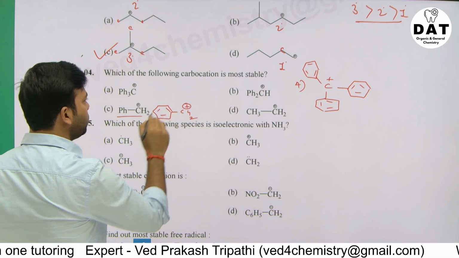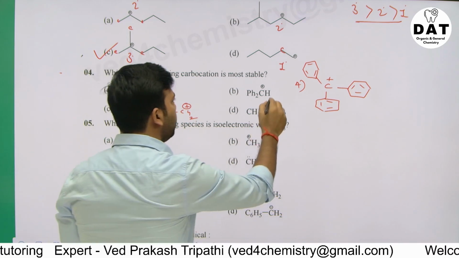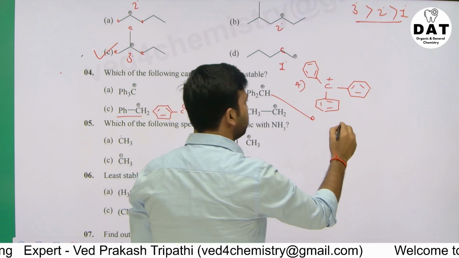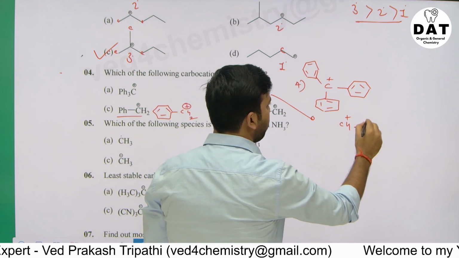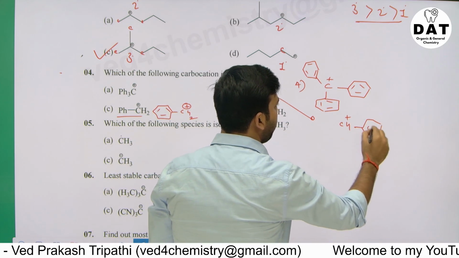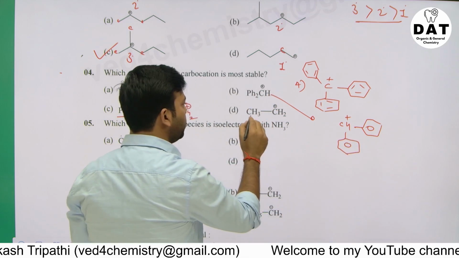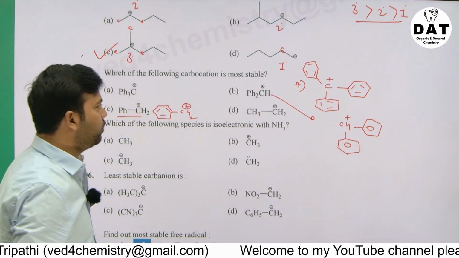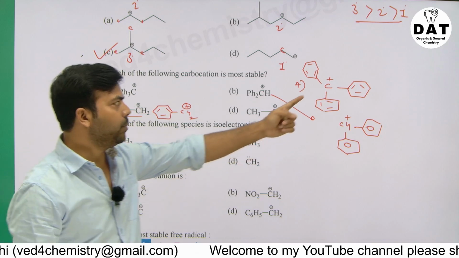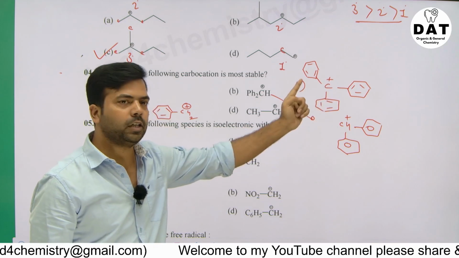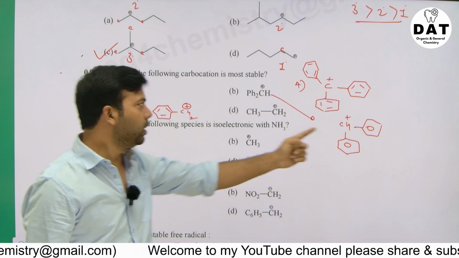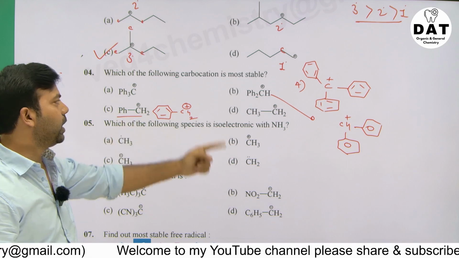Here also resonance but less resonance, and here you have two benzene rings like this. Clear? And this one has no benzene, only methyl. So the simple thing is that this is my most stable. Why? Because more benzene rings. Then this is the less stable. Then this one is a C, and then the last one is my D.